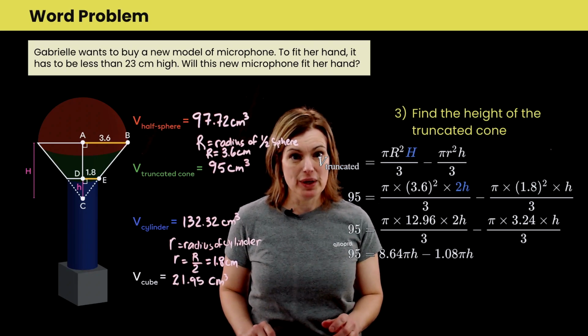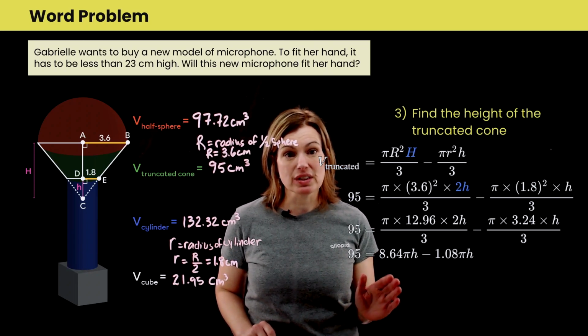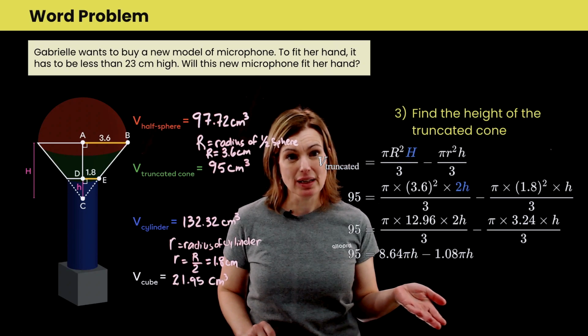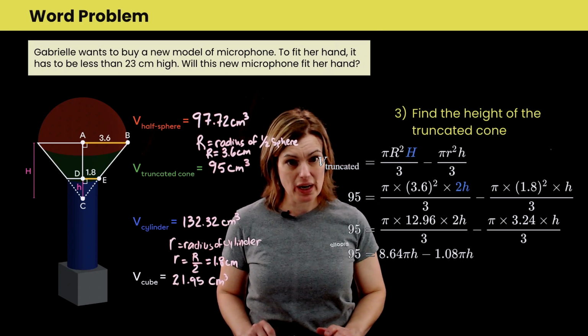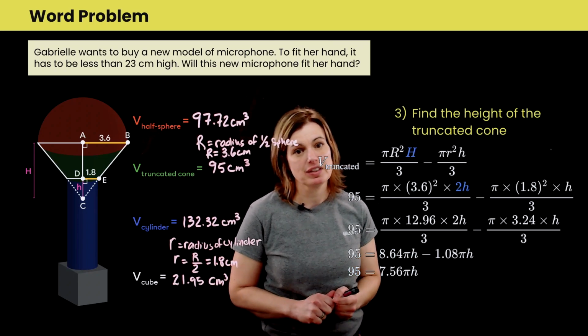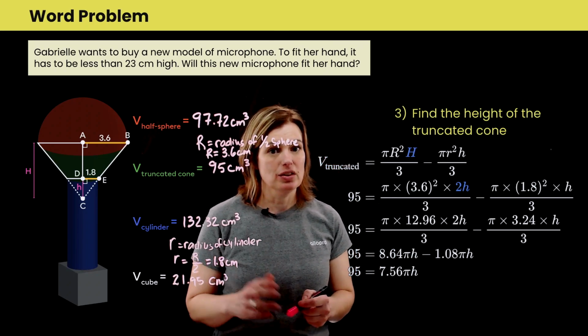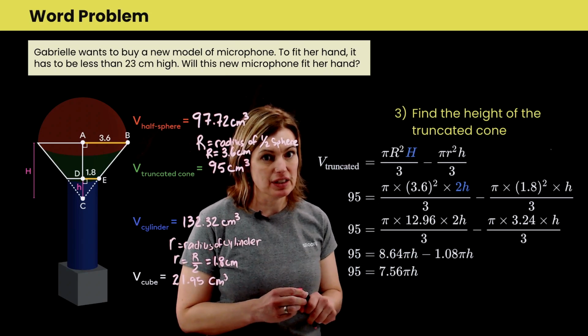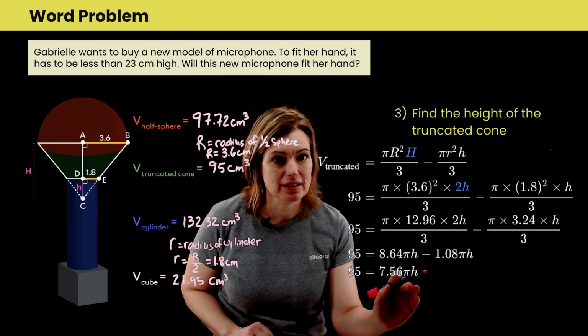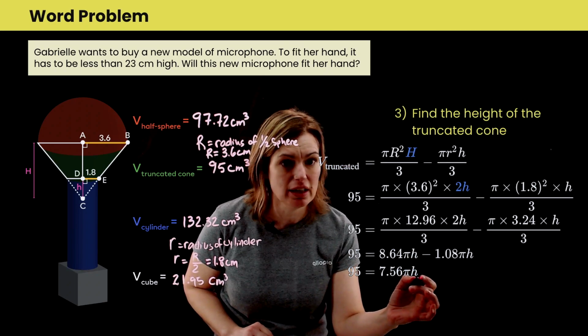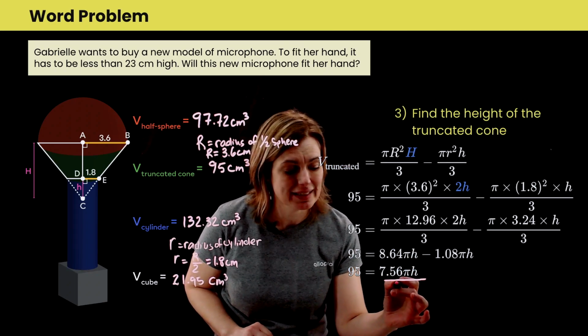So when we subtract 8.64 pi h and 1.08 pi h, we end up with 7.56 pi h. So 95 is equal to 7.56 pi h. And of course, we need to isolate this height, which is the height of our little cone that we slice off.